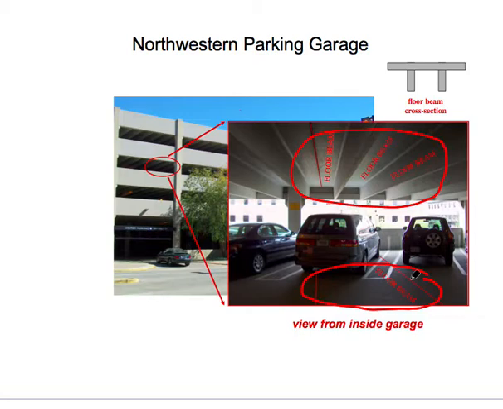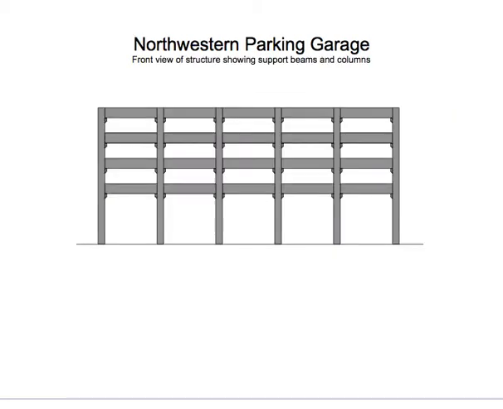So the bottom part of the floor beams, that's what's supporting the cars on this floor. So again, the cars are supported by the floor beams, the floor beams are supported by the support beams, the support beams are supported by the vertical columns.